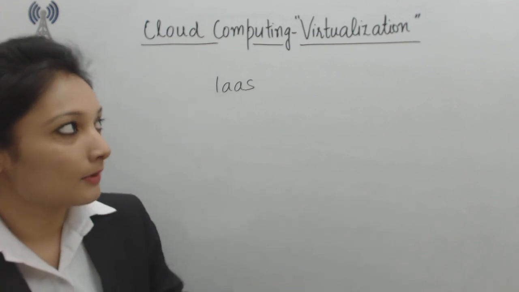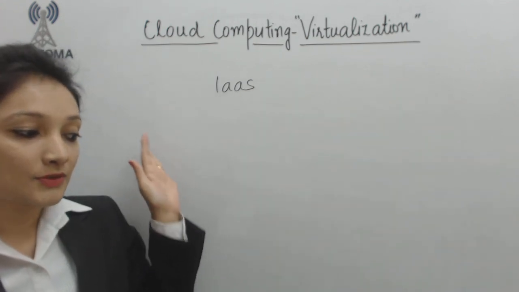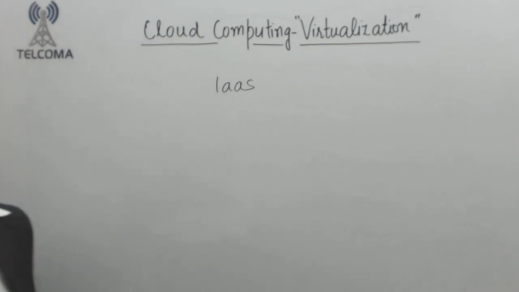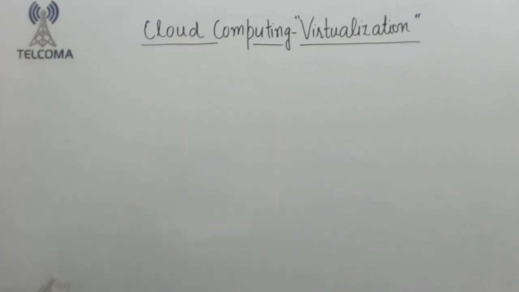So we will study virtualization and then how the physical machines are migrated to this virtualized scenario. So first of all, what we have here is the concept of virtualization.